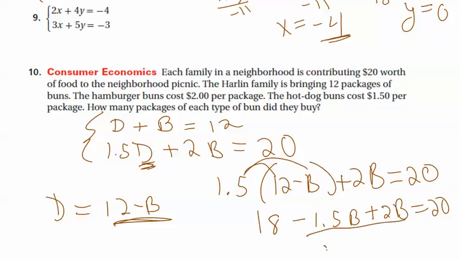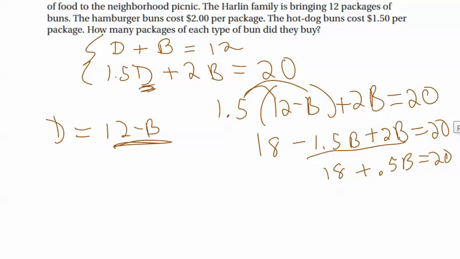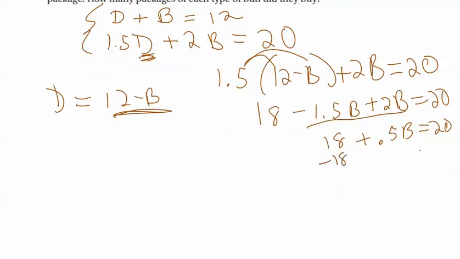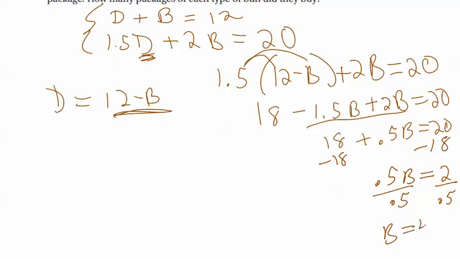Combine your like terms here, so we have 18 plus 0.5b equals 20. Subtract 18 from both sides, 0.5b equals 2, and then you'd have to divide by 0.5, and b equals 4.